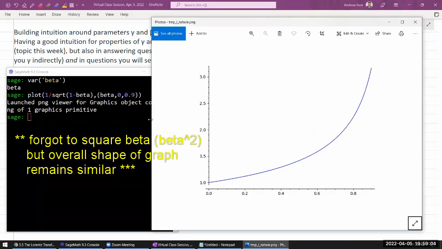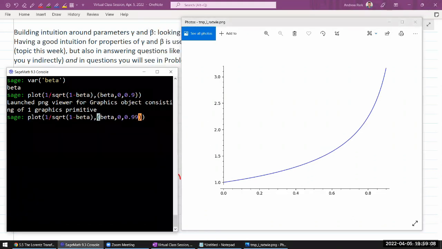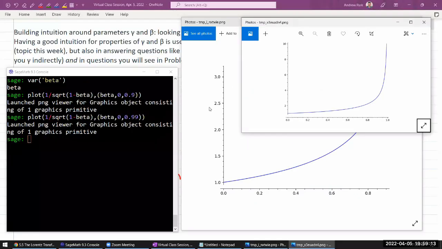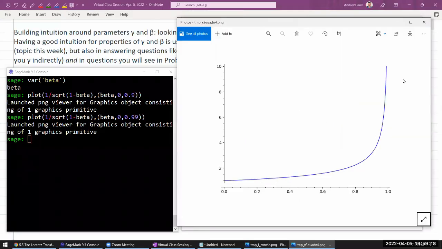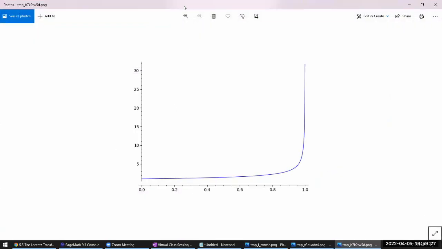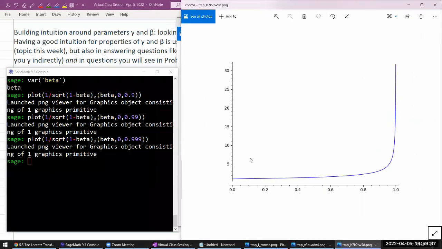But I'm not limited to that. I don't have to stop at 0.9. I can go to 0.99. Then gamma maxes out at around 10, but I don't have to stop at 0.99. I can go another 9. And I hope you are beginning to see the pattern here. As beta approaches 1, this will be approaching a vertical asymptote.